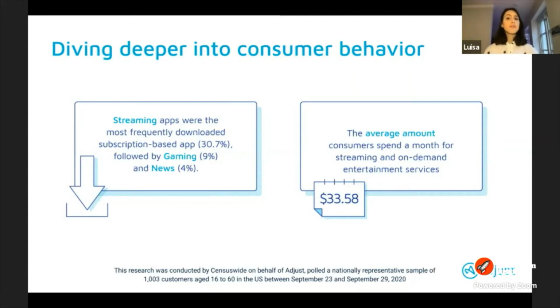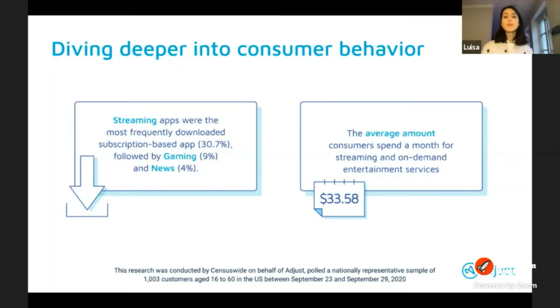The first one, I don't think it's going to be a secret or a surprise for you, is that streaming apps are still the most frequently downloaded. So they are still the ones that people are spending more money with. As you can see, they spend around $33 every month with streaming services.